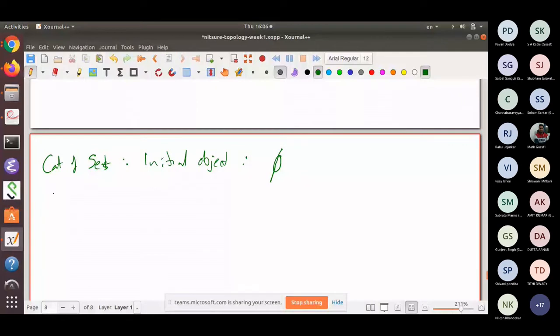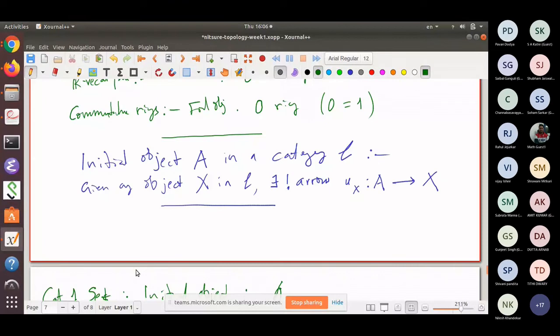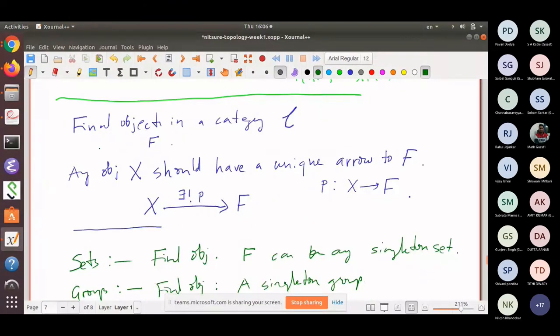Next is my category of groups. Here the initial object is the trivial group, which was also the terminal object. Final object is also called terminal object, by the way. Final or terminal. It's like the railway ends there.